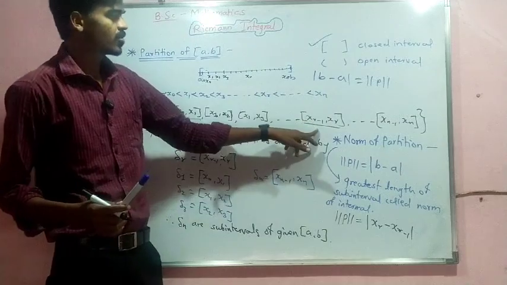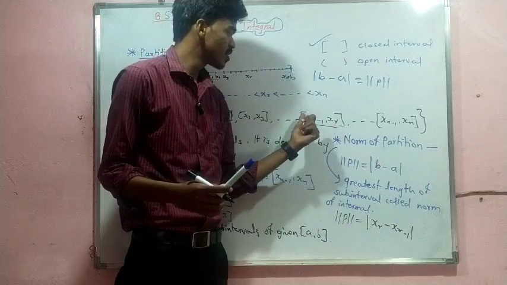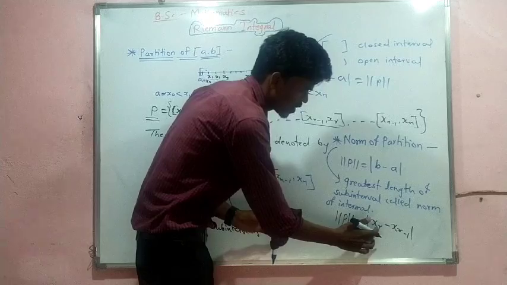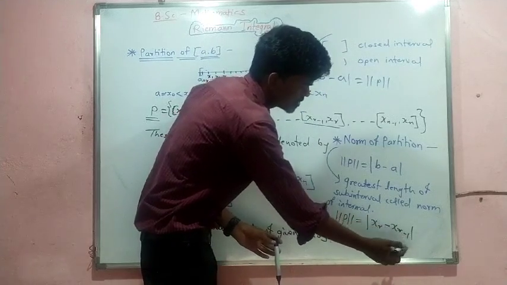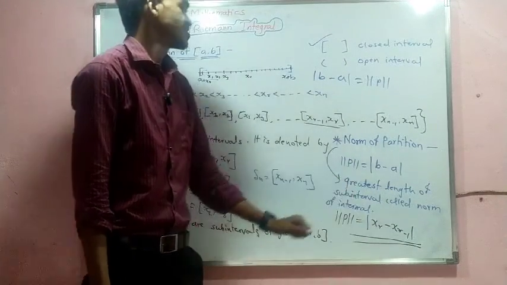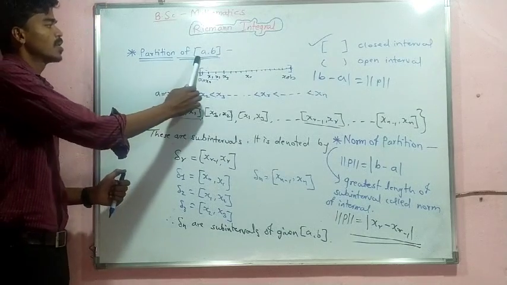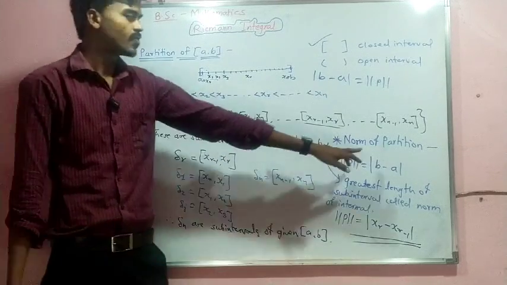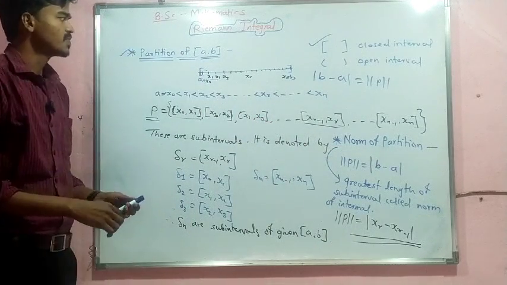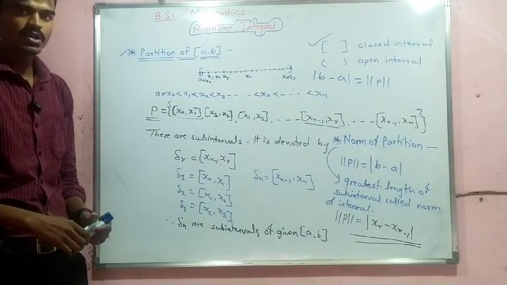So we generally represent the interval as xr minus 1 and xr, and the length of this interval is final term minus initial term. So the absolute value of xr minus xr minus 1 gives the norm of the given partition P. I hope these two concepts, partition of closed interval AB and norm of partition, are clear. These are the basic fundamental concepts of the Riemann integral topic. Thank you.